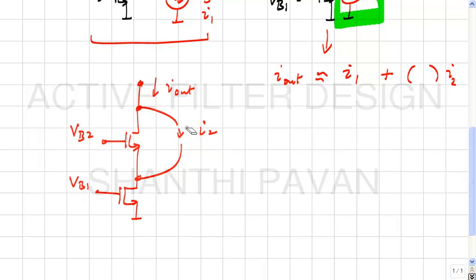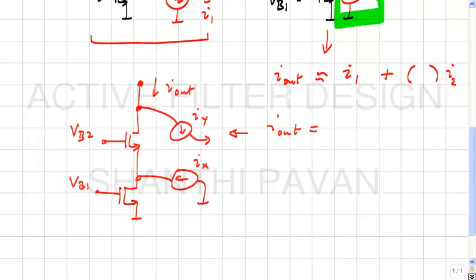Those of you who know the trick, you could actually do the math, but it's a bit messy. So if this is Ix and this is Iy, what is I out in terms of Ix and Iy?